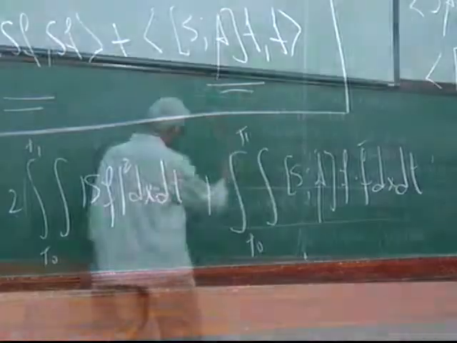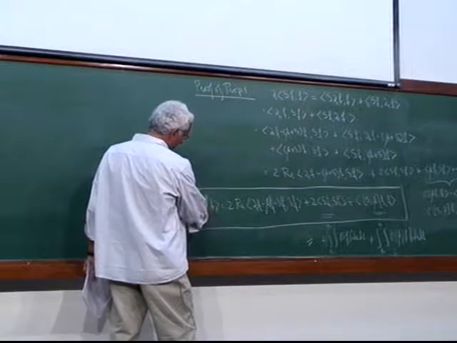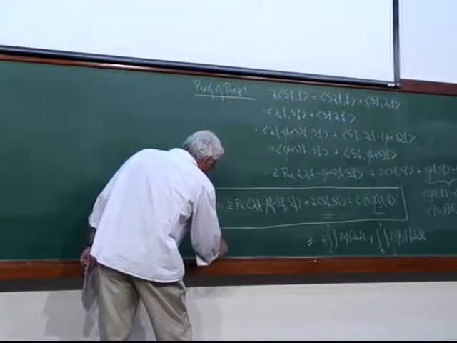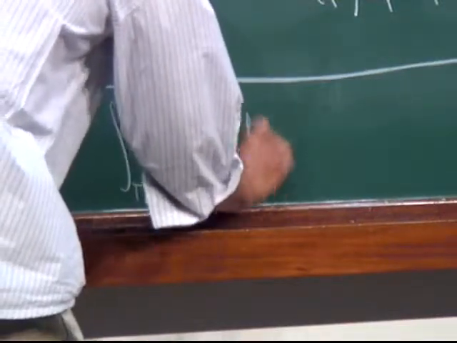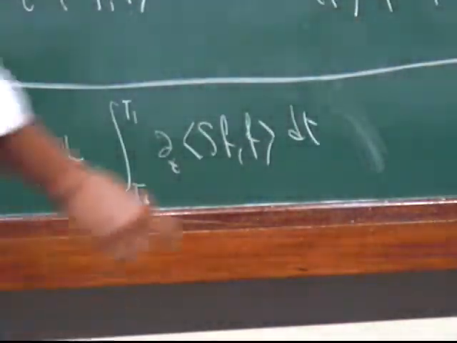pass to the other side and put the absolute value, right? And the integral of this. Then I use the fundamental theorem of calculus here. And the integral of this, I'm going to bound this part using Cauchy-Schwarz, is the absolute value of this multiplied by the absolute value of this.